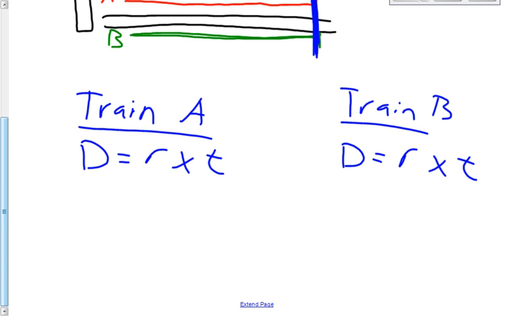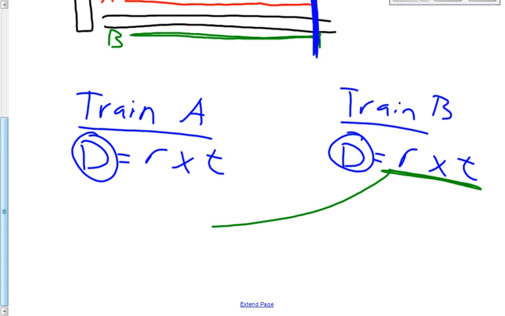Now, setting up these two equations, because these two distances are equal to each other, we can substitute those variables in for each other. So if I know this distance equals the rate times the time, I can substitute that in for this distance. All I'm doing is using the property of substitution.